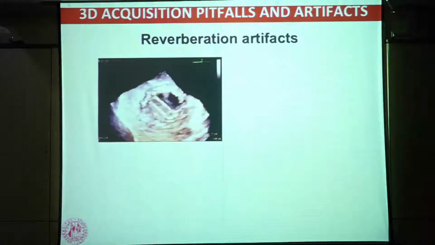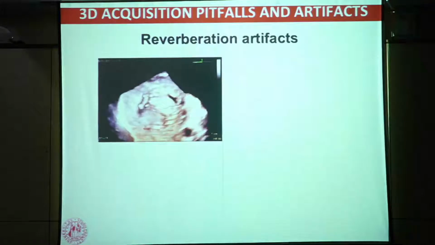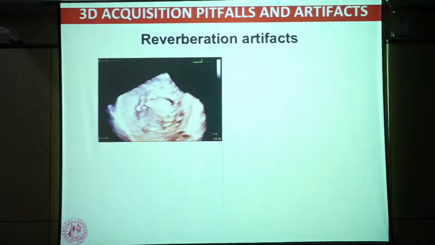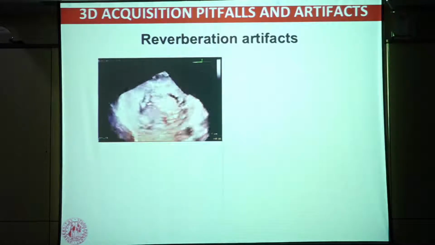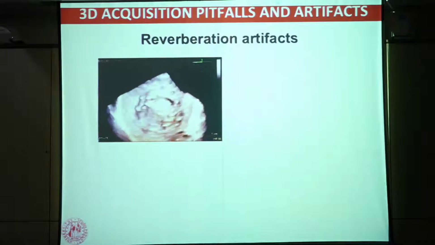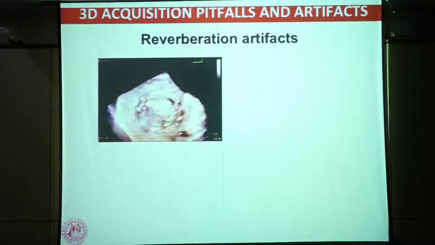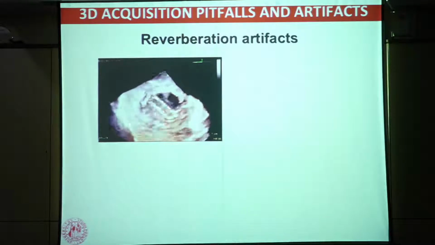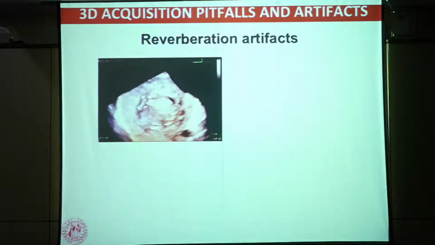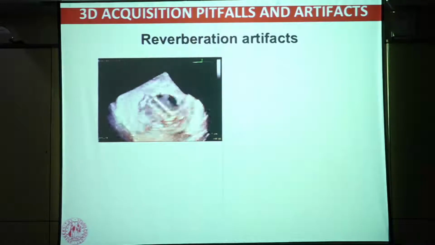There are also reverberation artifacts, and these are really tough because you may think that this is a mechanical bioprosthesis, a bileaflet one in a mitral position, seen from the atrial perspective, and it seems that one of the occluders is stuck.